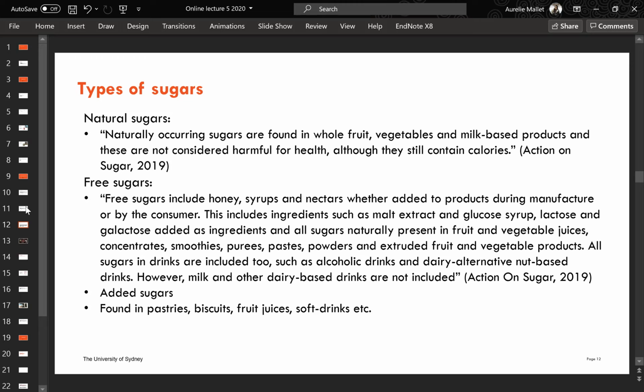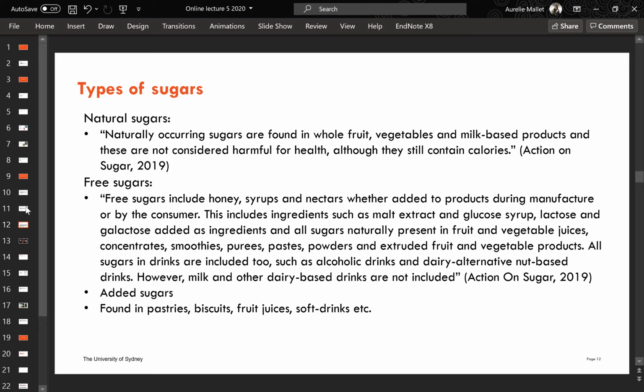So these are naturally occurring sugars. Now everything else is what we call free sugars, and they are also sometimes called added sugars. So added sugars are free sugars. So free sugars, on the other hand, include sugar that is found in honey, in syrups and nectars.